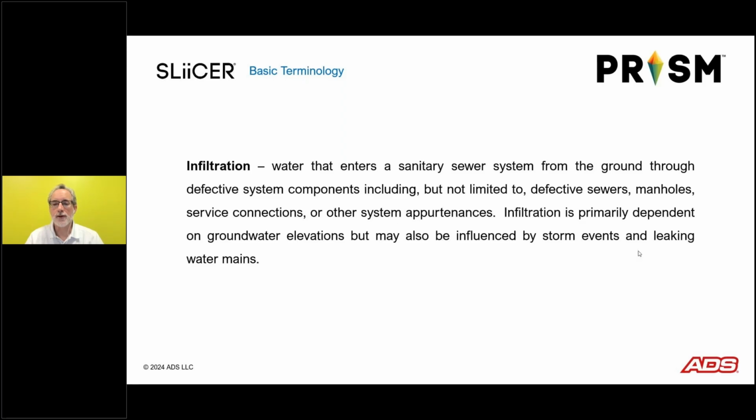It can be primarily dependent on groundwater elevations, but it may also be influenced by storm events and even leaking water mains. So the main point with infiltration is it's extra water that gets in the sewer system. It's not supposed to be there, and it gets in through defects in our system.